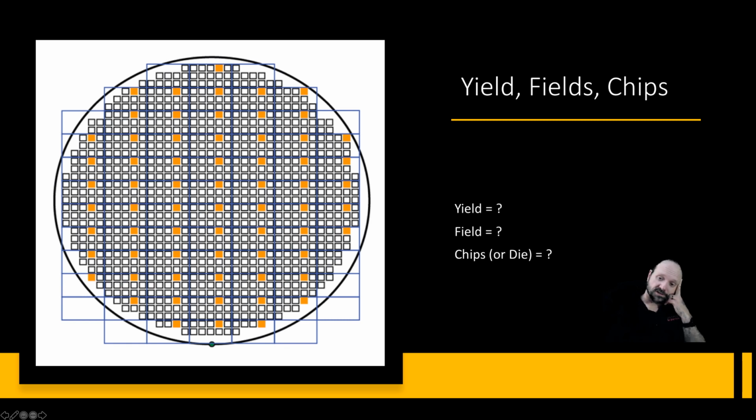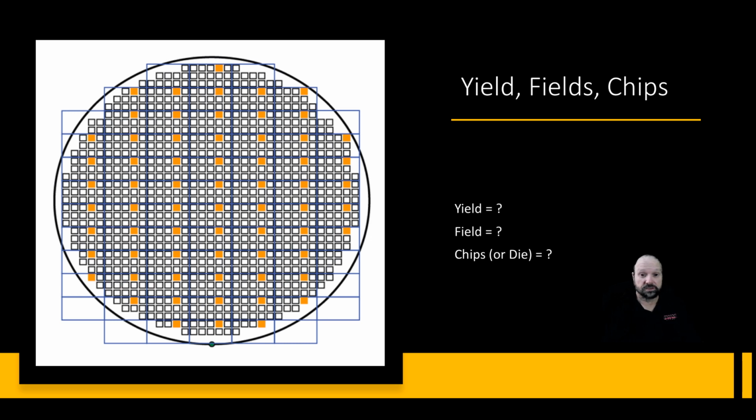Okay, so let's talk a little bit about yield, fields, and chips. So what does it mean by yield? If you think about it, we talk about crop yield and other kinds of yield. It's pretty much how successful you are, right? If you have high crop yield, that means you get a lot of bushels of wheat per acre.